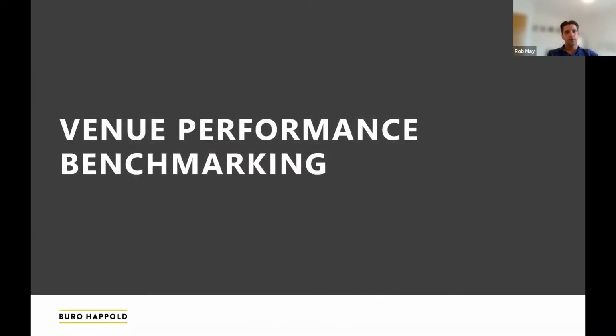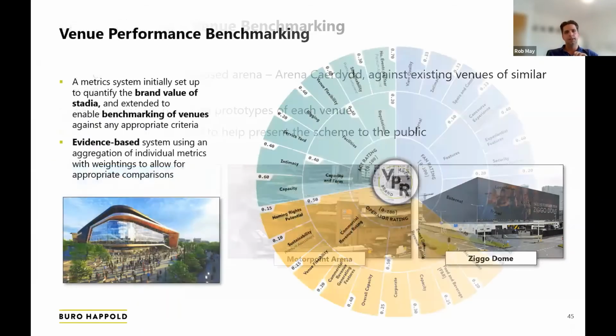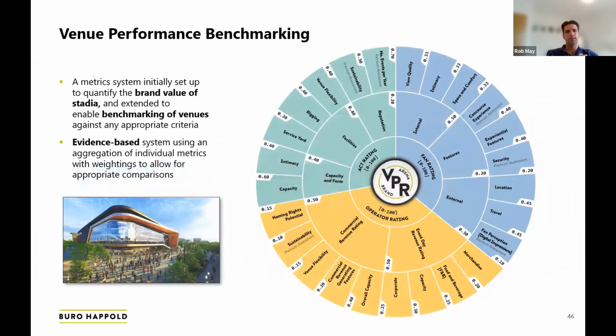As Andy talked about a little in the previous presentation, we've also started turning these tools to benchmarking of venues. In this Cardiff Arena bid that we did, we compared Cardiff against two other arenas, Motorpoint and Ziggo Dome, in order to explain the relative benefits and merits of a new venue to the city.